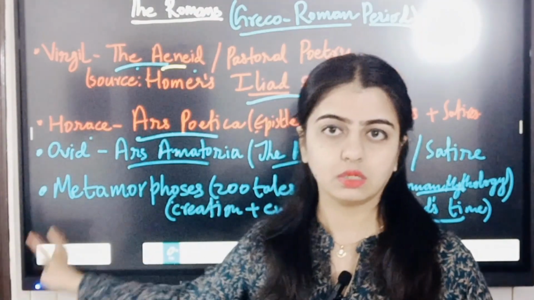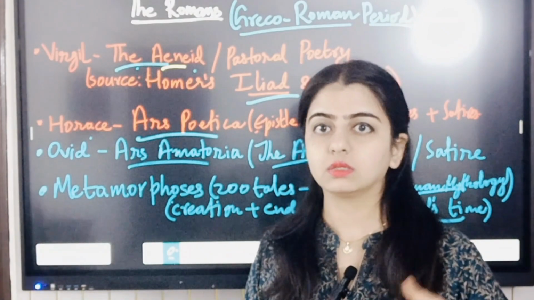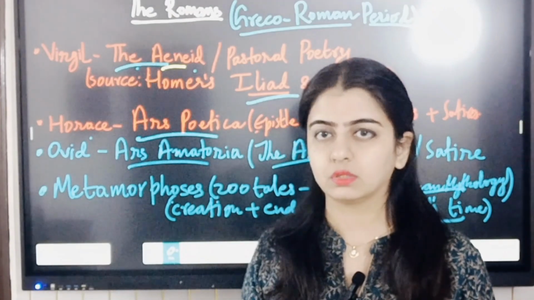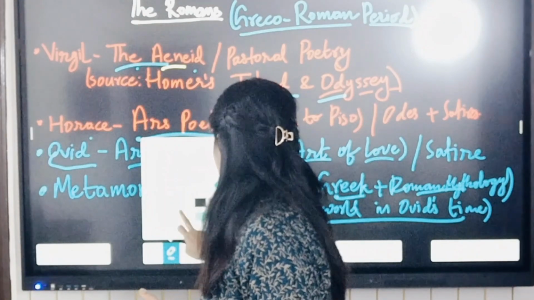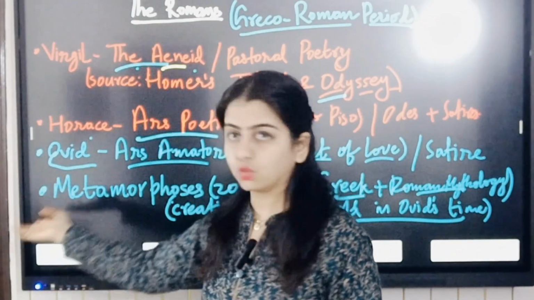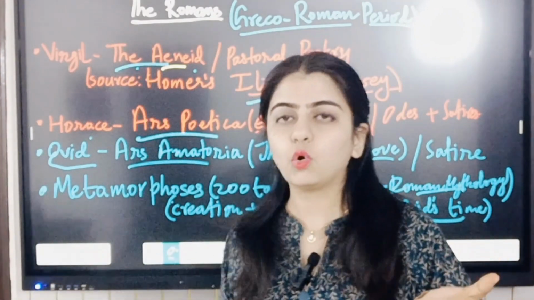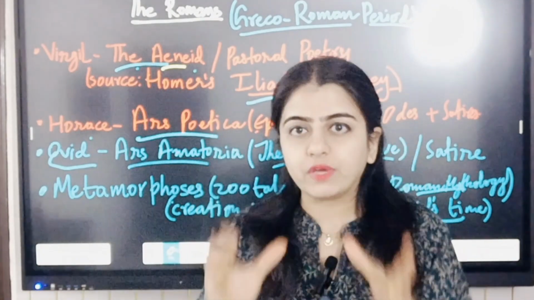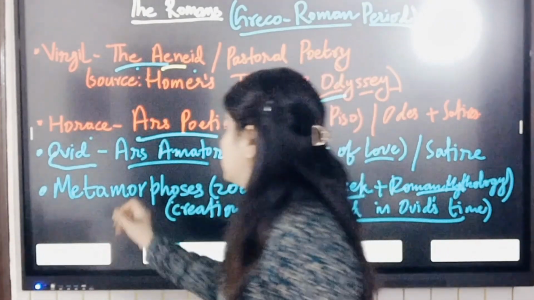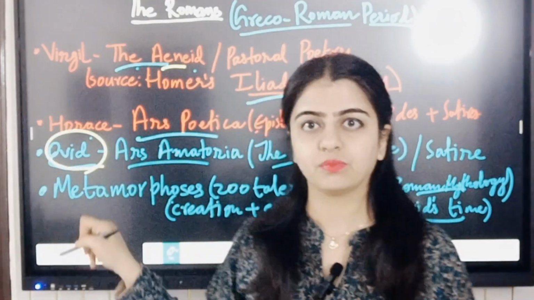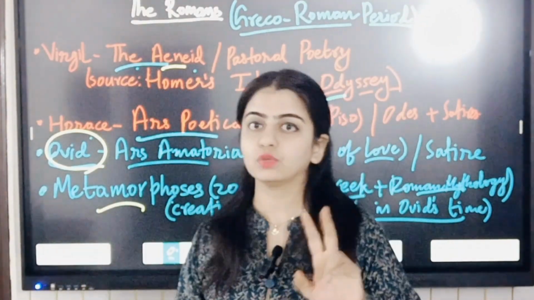It was also a contemporary collection of tales because it depicts the beginning and the end of the world during the author's time, that is, during Ovid. What the world actually looked like during Ovid, how the world started, and how the world would end. All these are situated in the socio-cultural historical scenario of the time of Ovid, the author himself. So this is Metamorphoses, a collection of 200 tales.